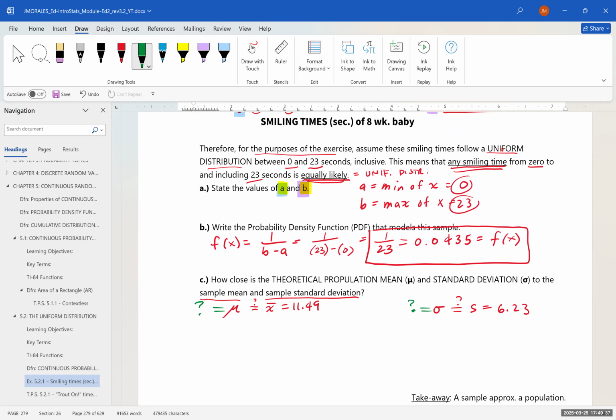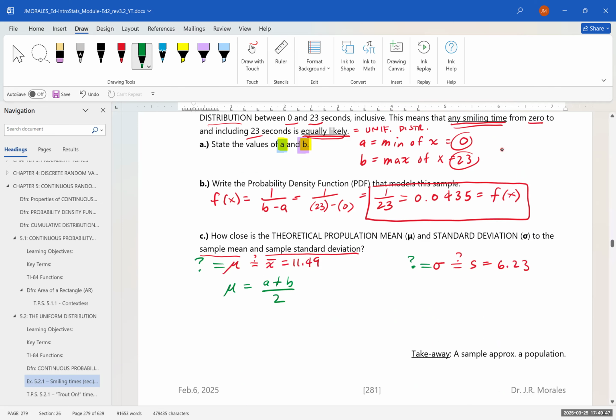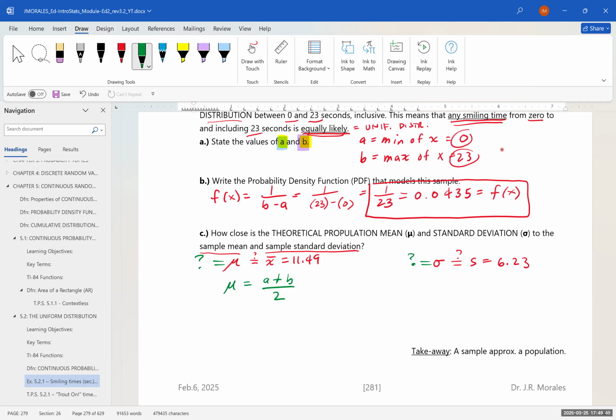So the theoretical mean, population mean, is going to be, what was that, A plus B divided by 2? There we go. And A is 0. B is 23. And that's going to be divided by 2.